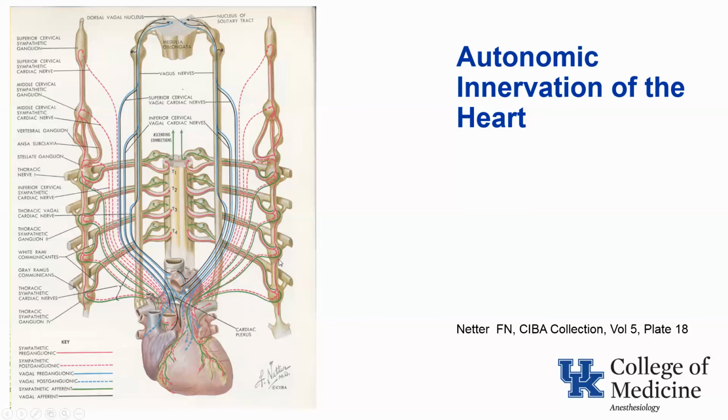On this slide, I have depicted the autonomic innervation of the heart coming from the vagus system, the parasympathetic system in the vagal nerve, and the sympathetic system off of the spinal nerves.